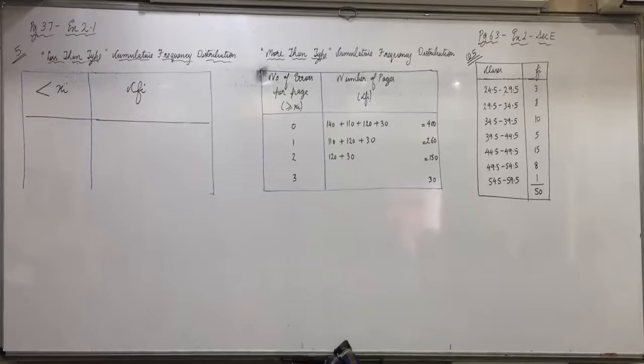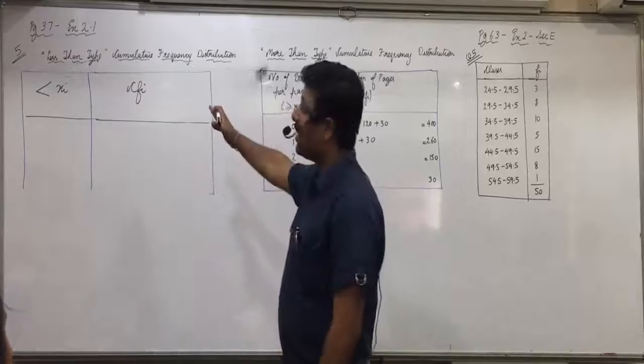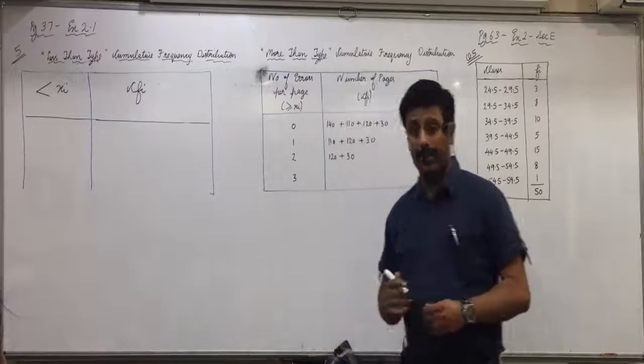Now be attentive. See the notes I made you write today. One of the notes I made you write, we will start from the lower boundary point of first class and end at upper boundary point of last class. Okay? Who all are still writing up till here? Raise your hand. Complete it first.